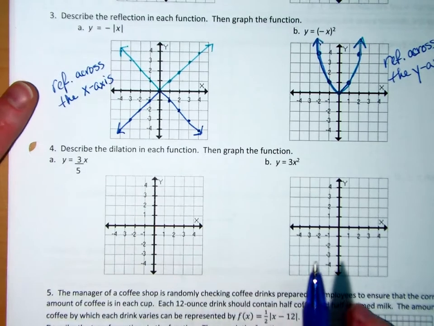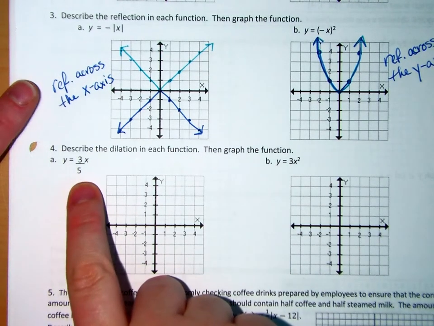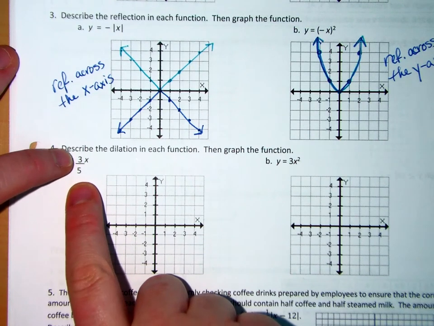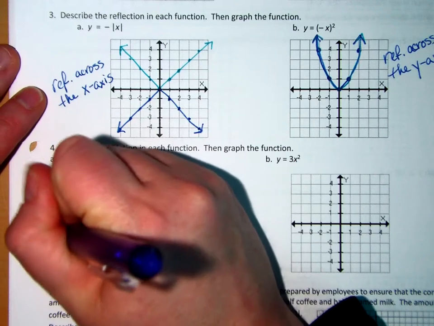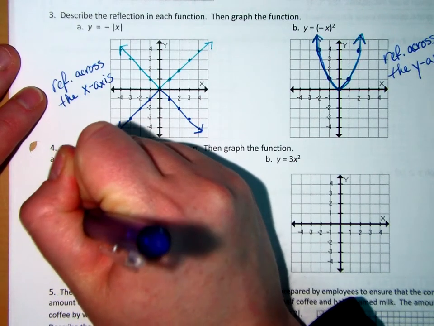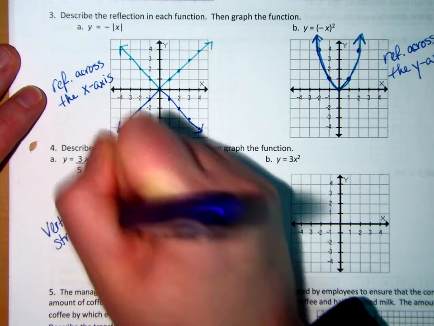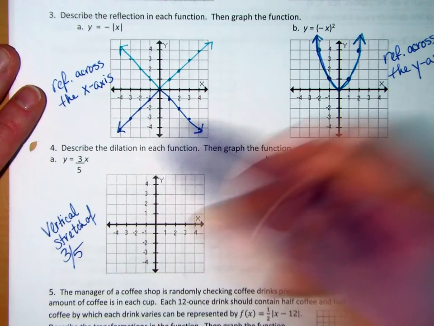Alright, dilation of the function. If it is a dilation here, this is a vertical stretch or compression. You can just say vertical stretch of 3/5. So what does that mean to our parent function?